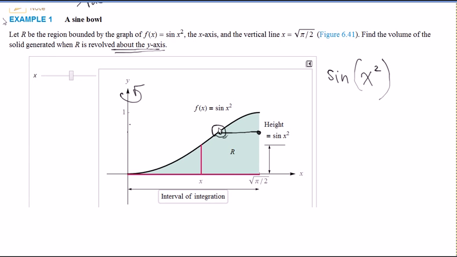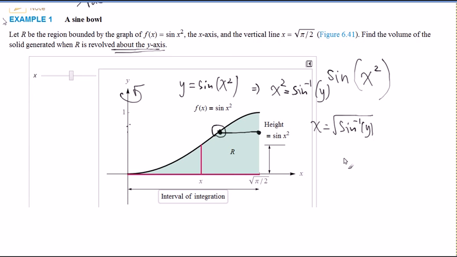That's the washer method, so you want the x coordinate. So you want to solve this one for x. This is y equals sine x squared, and you have to solve this one for x. How does that go? You have to go x squared is the sine inverse of y. So already nervous, I don't know the antiderivative of sine inverse of y, and then you have to put the square root, right?